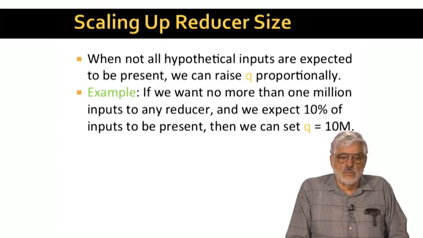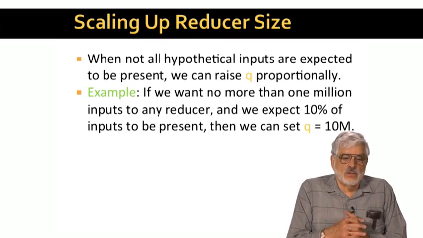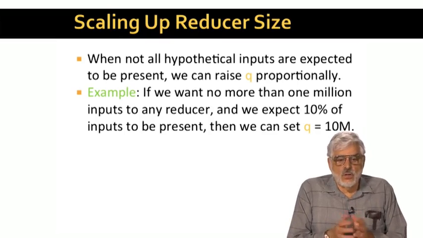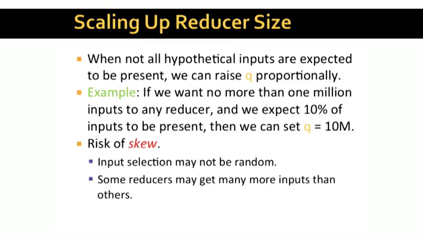Suppose we also know that 10% of all the hypothetical inputs will actually be there when we run the algorithm. Then we might design the algorithm with a Q of 10 million, figuring that of the 10 million values that might be sent to the reducer, on average only 1 million of them will really be there, and things will work well in main memory. We have to be a little careful.